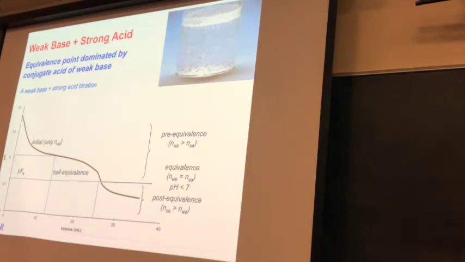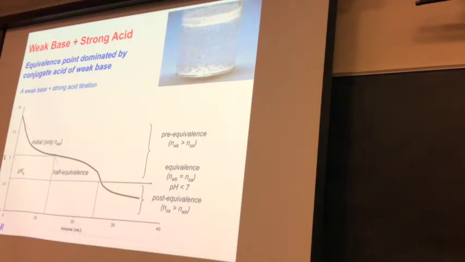The difference, of course, being that because you're starting with a base, weak or strong, your pH should be basic. And as you add an acid, and a strong acid at that, your pH should consistently be getting smaller. The acids make the pHs get smaller, the bases make the pHs get larger.